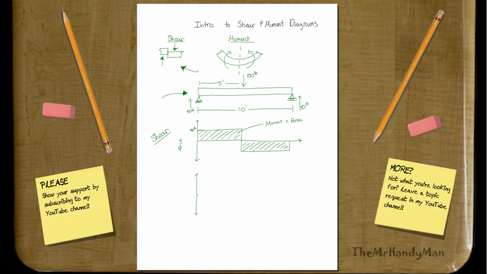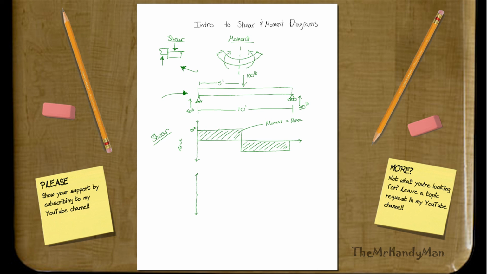It gives you a good indication of whether it's going up or down. If you see area above the x-axis, then the moment's going up. It's getting higher and higher. However, if it goes below, then it's getting less and less.